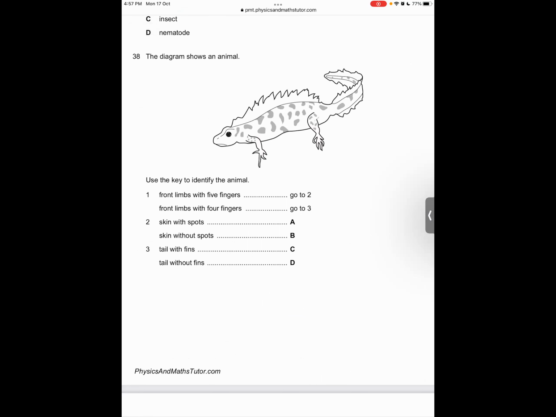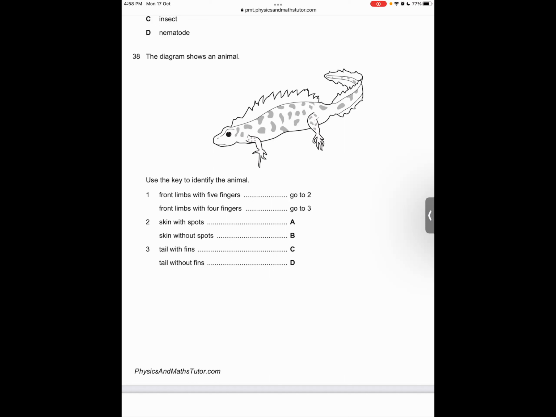38. Four limbs with fingers, front limbs with 5 fingers. Let's go to 3. Tails with fins. I think it's going to be D. Do you think it has front limbs with 4 fingers?